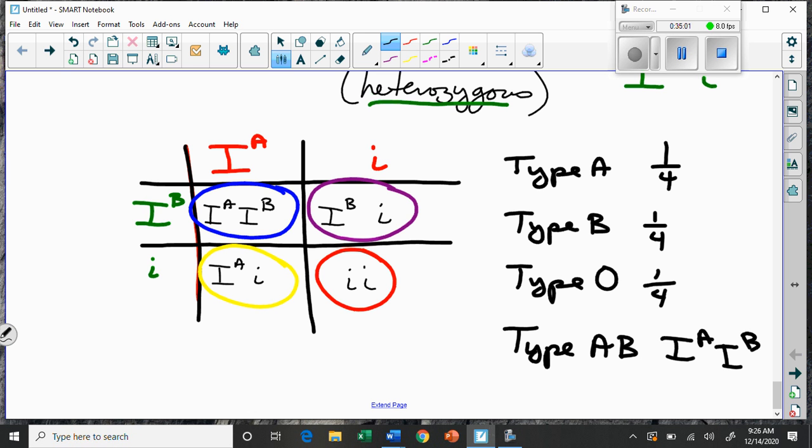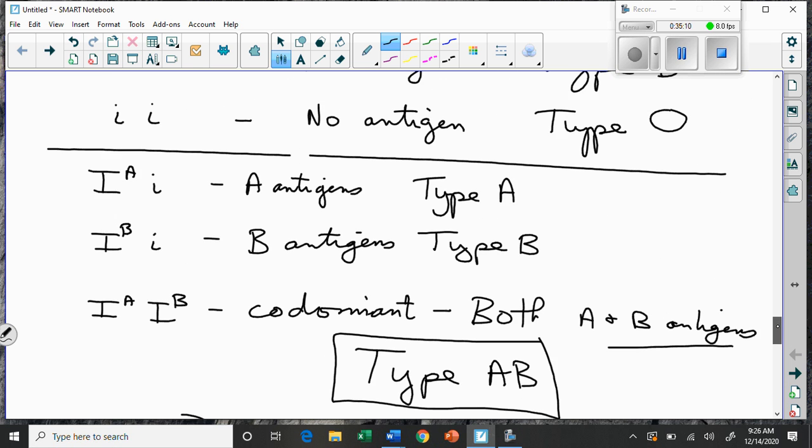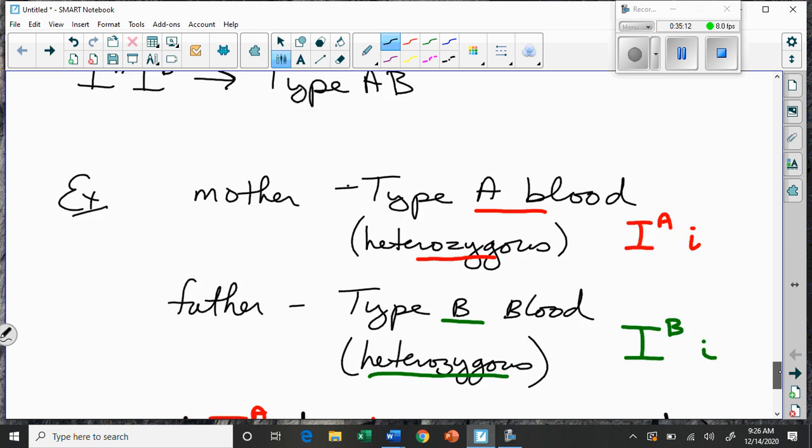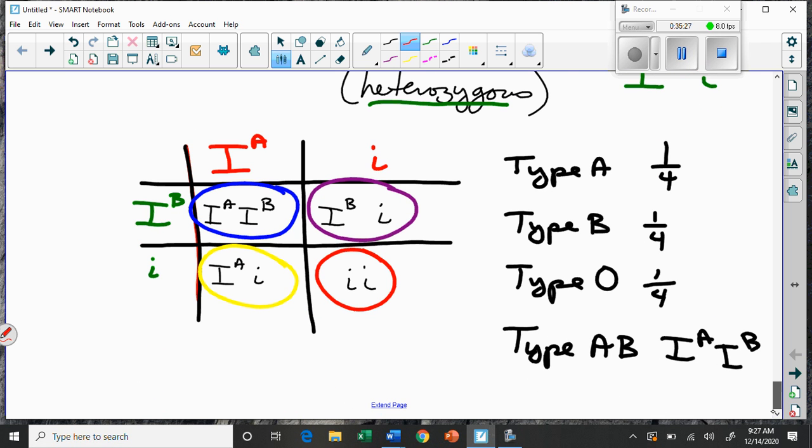Now, what happens, of course, if one of the parents had been homozygous, like, say, parent A here? If instead this had been homozygous, and this genotype was this, that's the homozygous type A blood type, then if you went down to the square, you could see how that would change a lot of our situation.